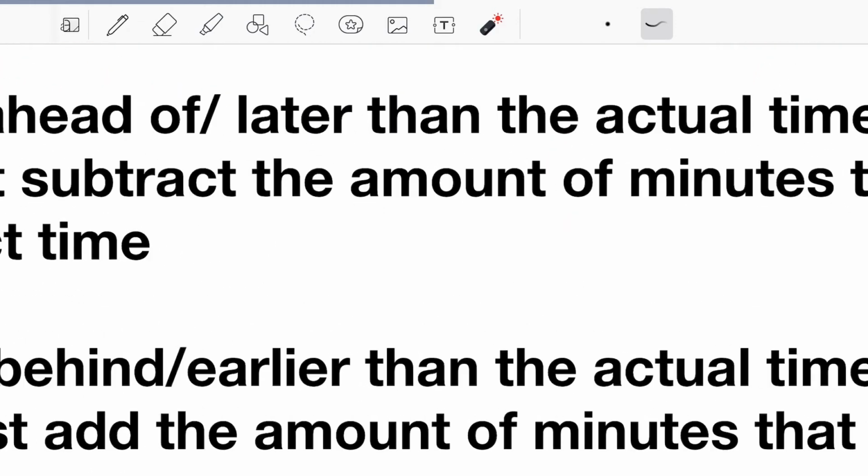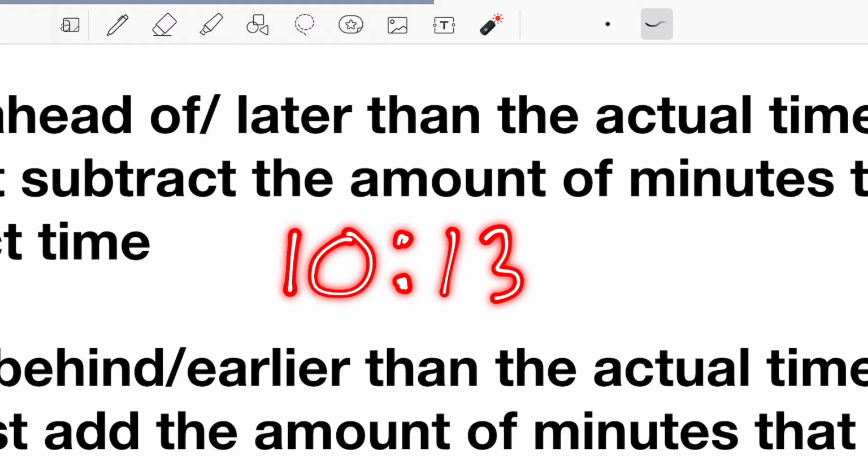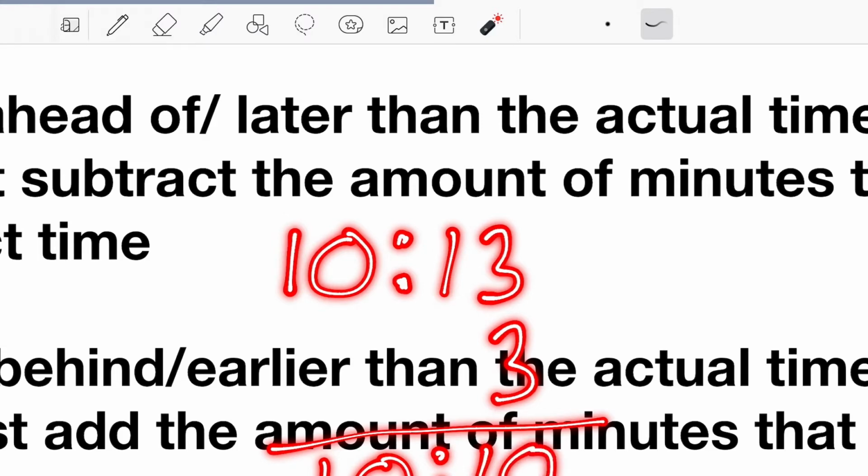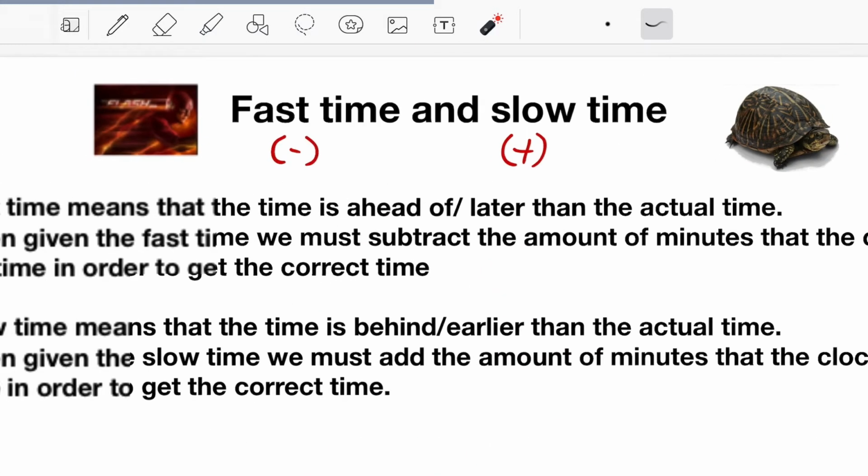Let's say we have a clock telling the time 10:13, and it's 3 minutes fast. We simply subtract. 13 take away 3 is 10, so the correct time would be 10:10.